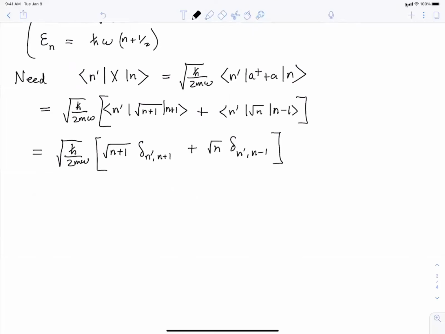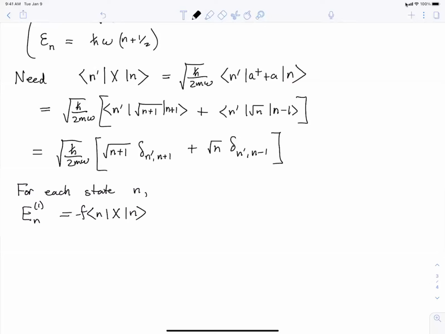Okay, and so let's in fact do this to second order. For each state labeled by n, first of all, the first order correction to the energy is equal to minus F times ⟨n|x|n⟩.